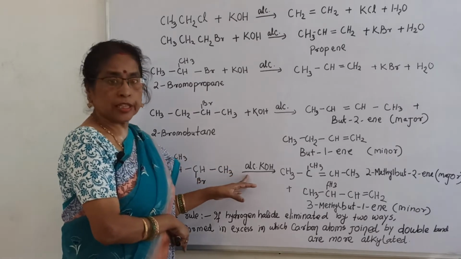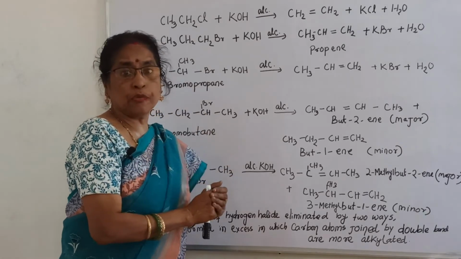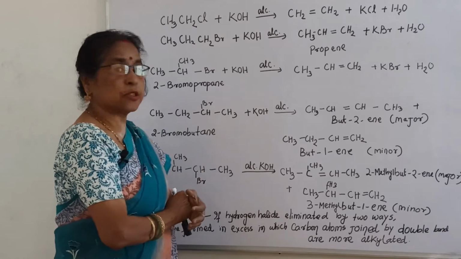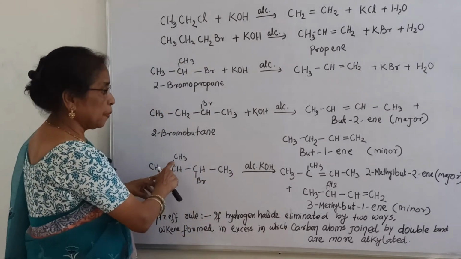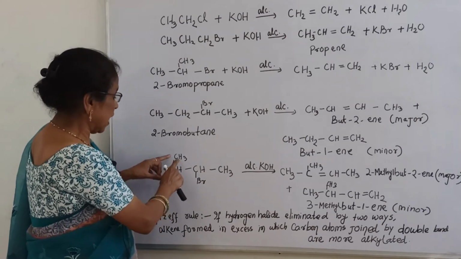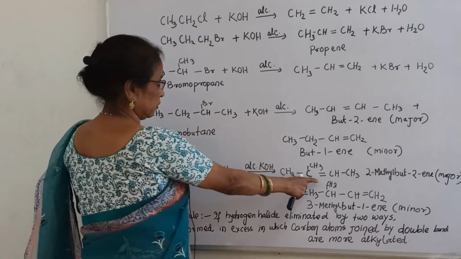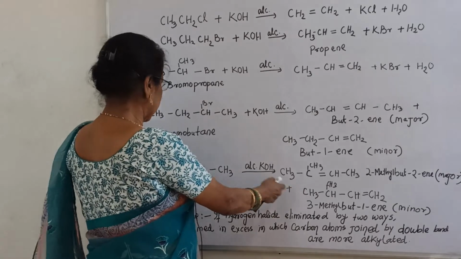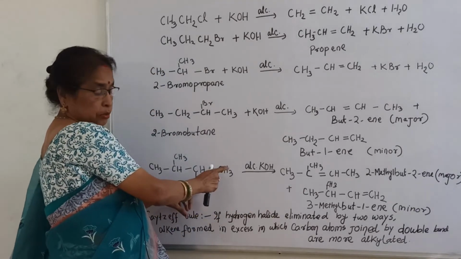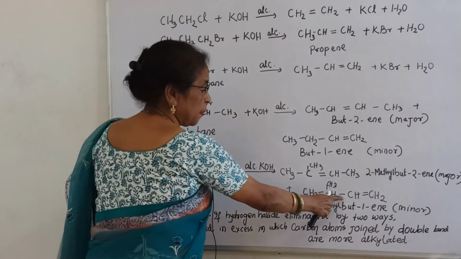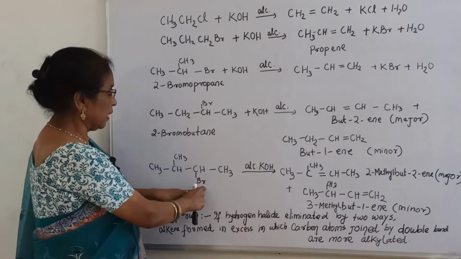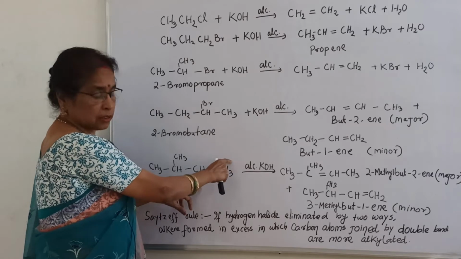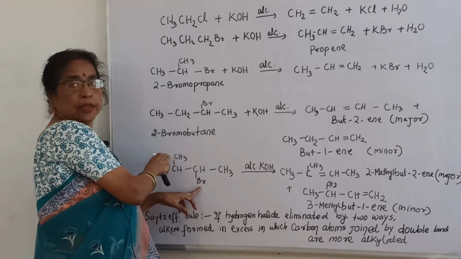When it reacts with alcoholic KOH, there are two ways HBr is produced as a byproduct. If Br reacts with the hydrogen on this side, there is a double bond on this side, and if Br reacts with this other hydrogen, this is the other product. Again observe, bromine is in the middle, and bromine can react with this hydrogen or this hydrogen.